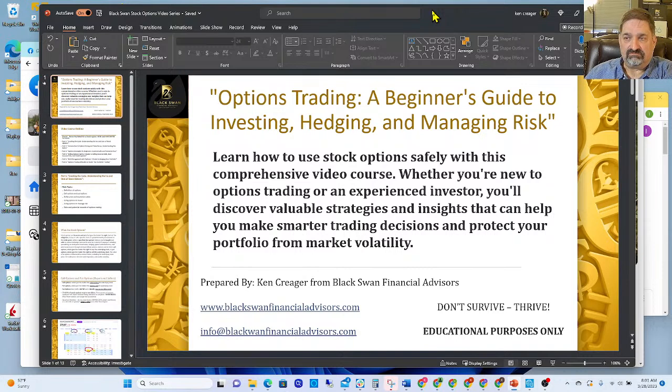That's going to be a premium service, but it's not going to be very expensive, and you can look forward to that. It will give you a lot more information about how you might include options trading in your tool belt, and how you might be able to use stock options.